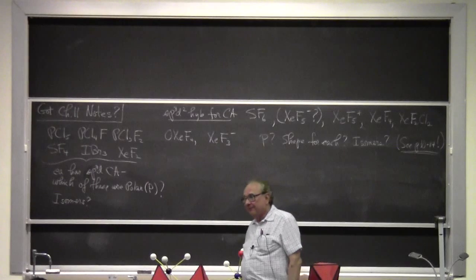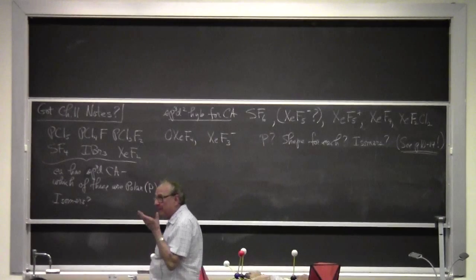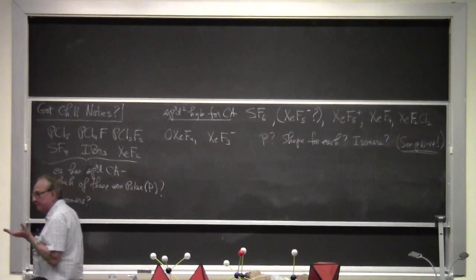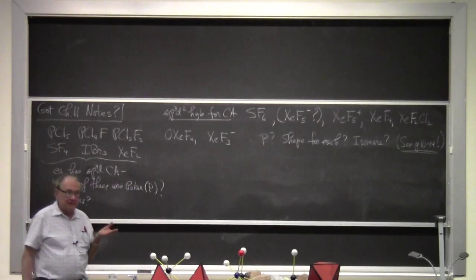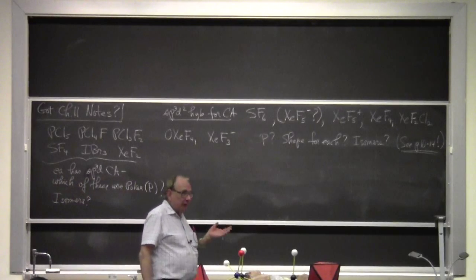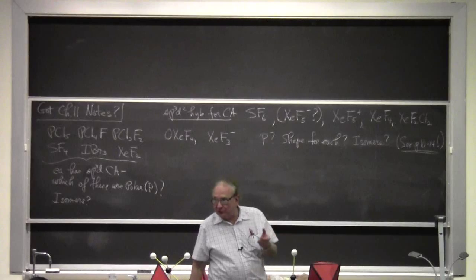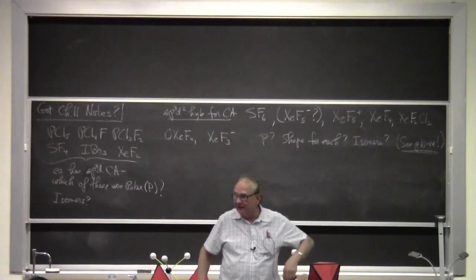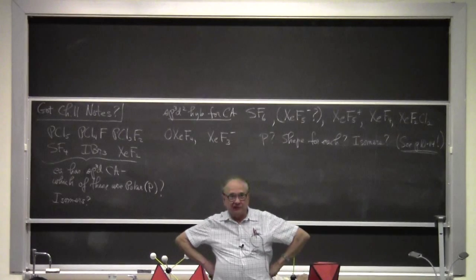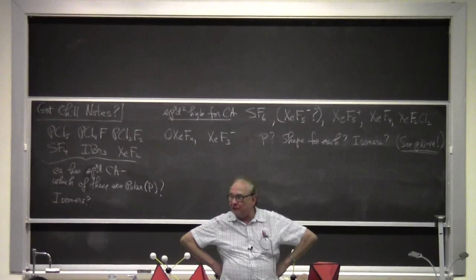But depending upon the size of the central atom relative to the peripheral atoms, we will never have a size differential which is like a basketball and a green pea. We'll have situations which are more like baseballs and softballs.